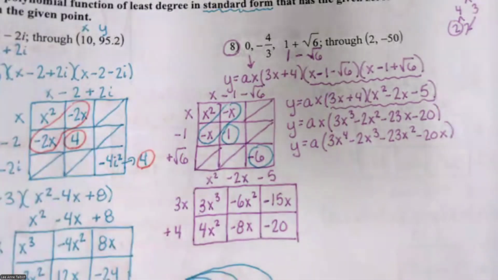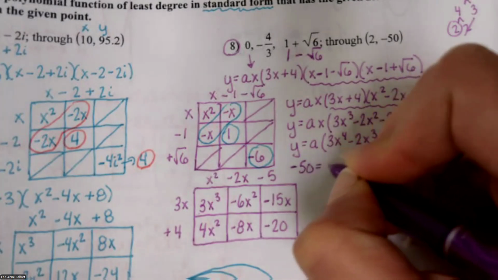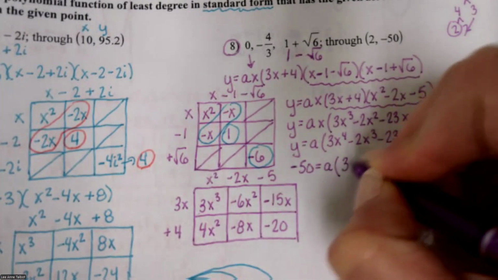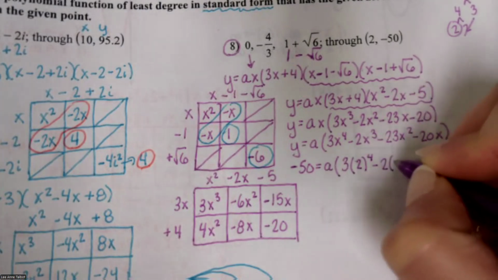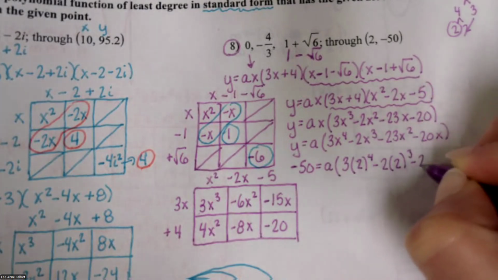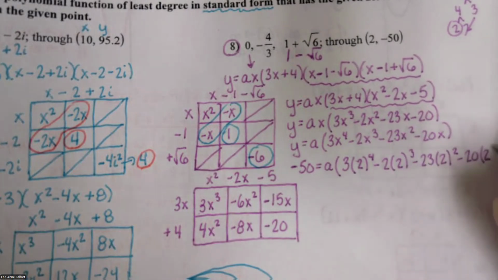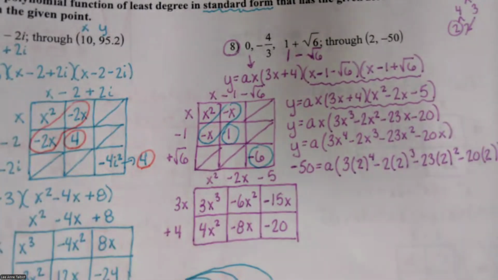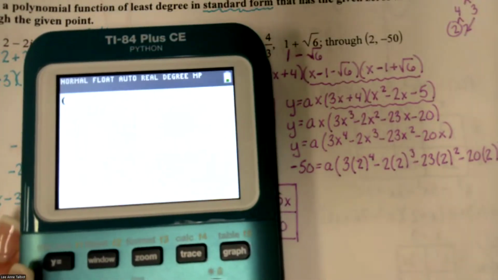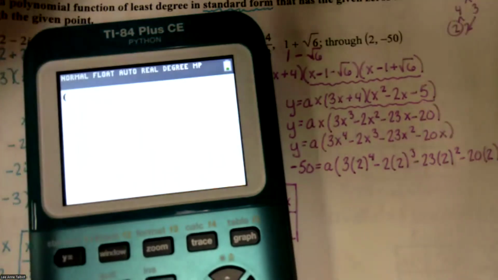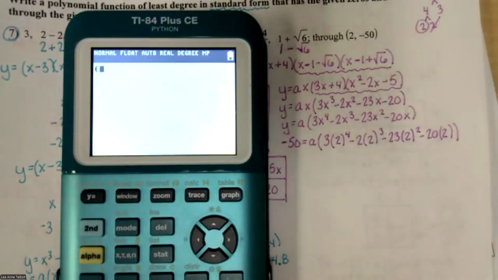Anyway, okay, now we're going to solve for a. So -50, say 3 times 2 to the 4th, 2. Did anyone do this calculation already without me? You did? Okay, just because I want to check myself because I have low trust.